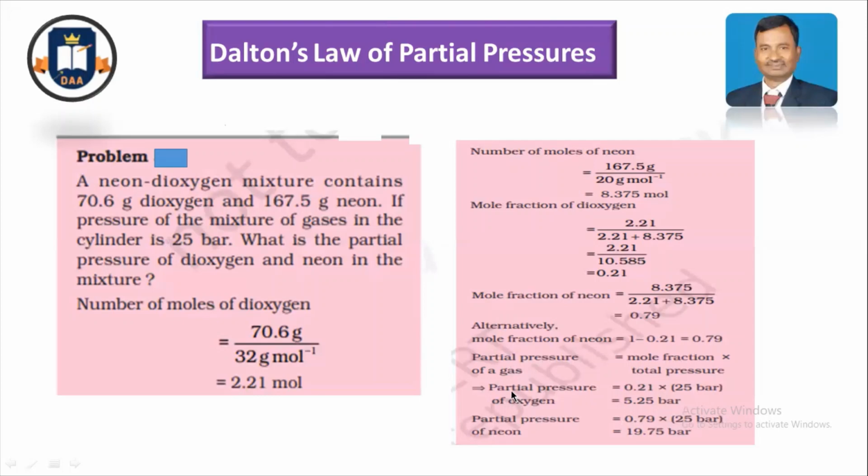So the partial pressure for dioxygen, with mole fraction 0.21, multiplied by the total pressure 25 bar, after calculation will be 5.25 bar. And similarly for the partial pressure of neon, the mole fraction of neon is 0.79 multiplied by the total pressure 25 bar, and the partial pressure of neon, after calculation, will be 19.75 bar.